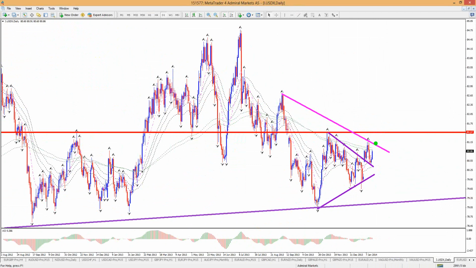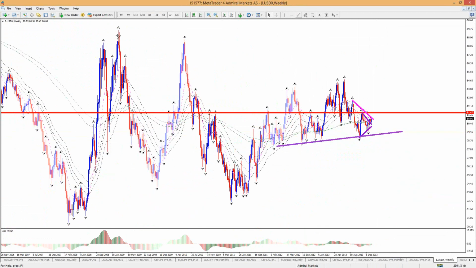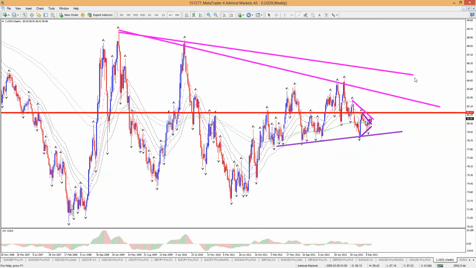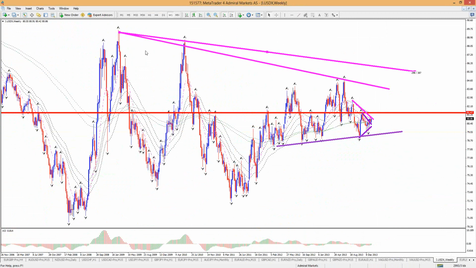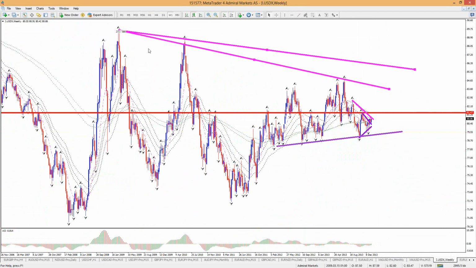So that would be a breakup potential there, I guess. Up to, let's take a look at the weekly, up to, for example, this weekly trend line here on the weekly chart, right?